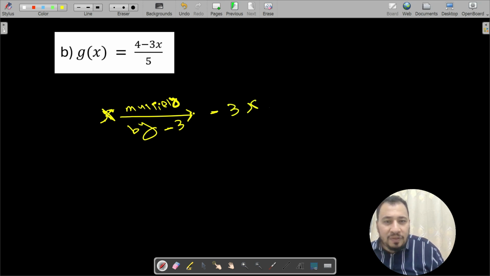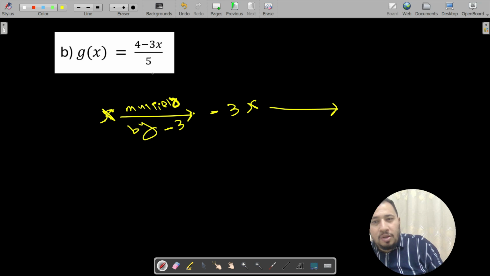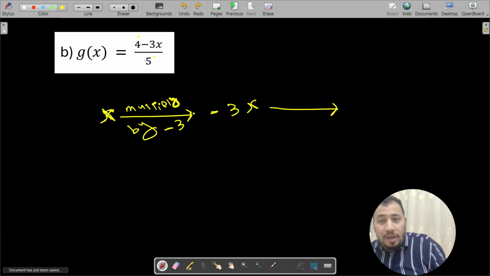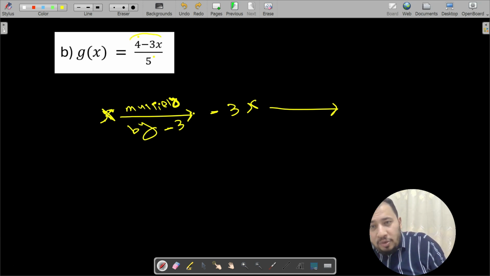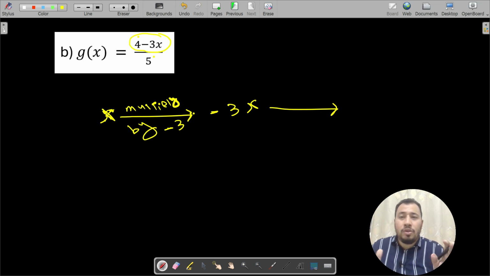So when you do that, it will be negative 3x. Okay. After that, what happened? Plus 4. Or divide by 5. Many students will say, okay, mister, according to order of operations, I'm going to divide by 5 first. No. Why? Because here you have to deal with this numerator first as one quantity, not just divide by 5 first, then add the 4. Okay?